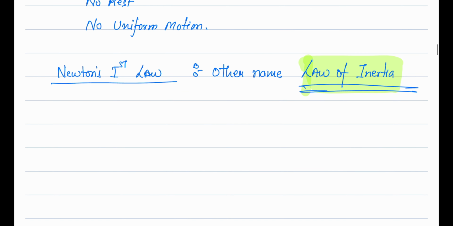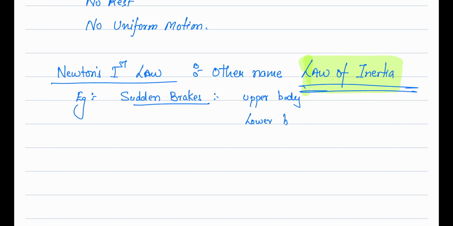Okay, I will give you an example. Let's say there is a sudden brake. If you apply a sudden brake, then what will happen? The upper body and lower body will move in a different way.